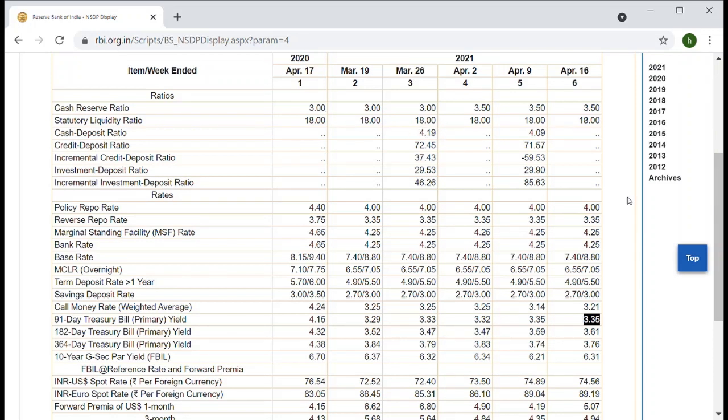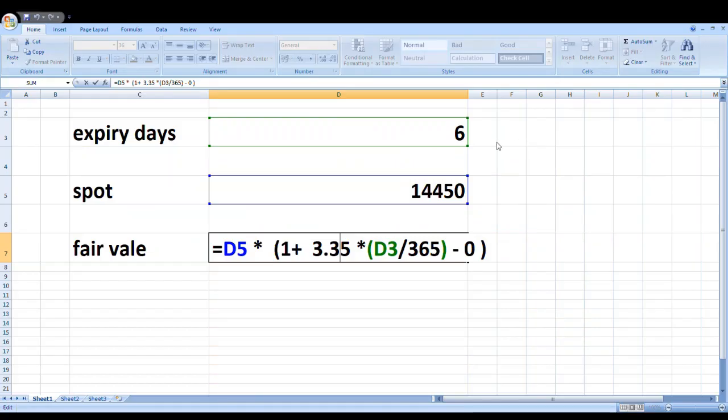For the risk-free rate, I have gone to the Reserve Bank of India website and taken the value from the 91-day treasury bill primary yield for April. You can see the latest one, it's 3.35. I have used this one in the example. In this example, I have taken the spot value as 14,450 and expiry days remaining as 6 days.